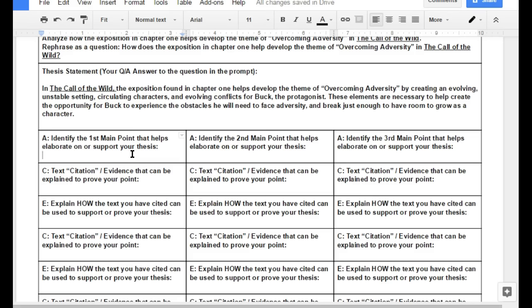But here, now I can bullet point: unstable setting. And I forgot to put evolving. Here, I can put circulating characters.